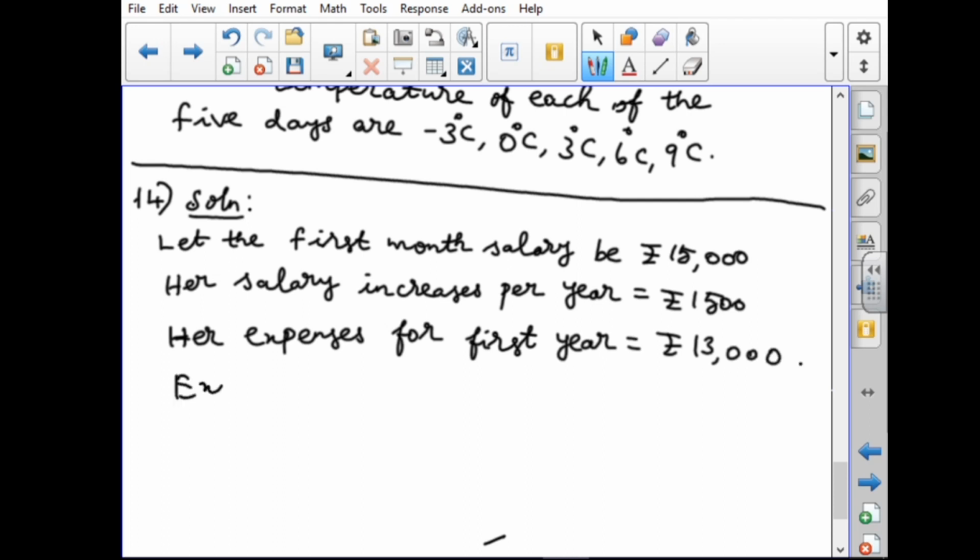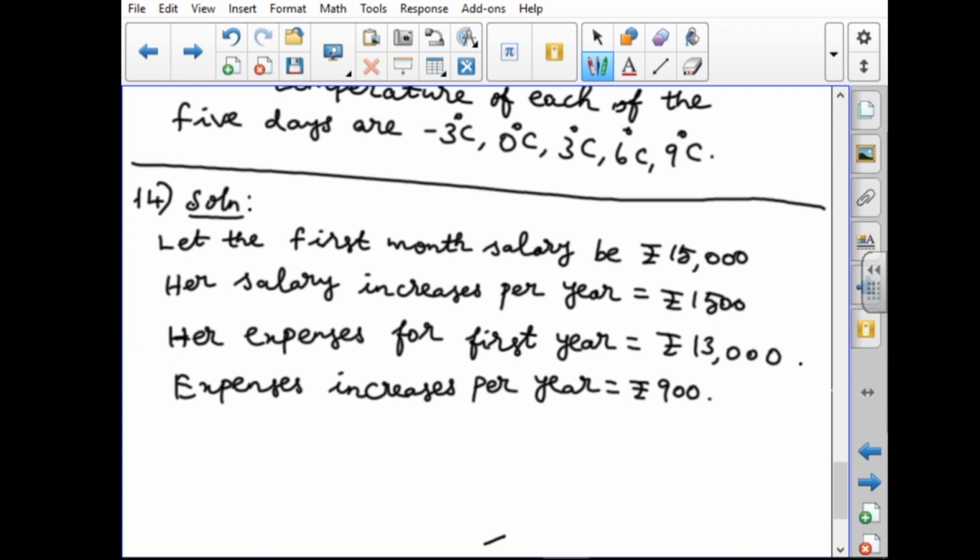Expenses increase per year by rupees 900. This data is given.